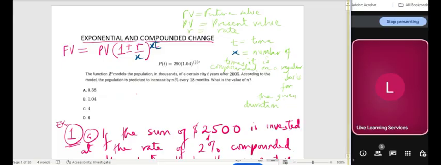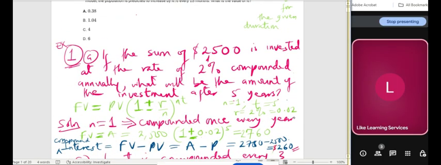So, for instance, you have this. If the sum of 2,500 is invested at the rate of 2% compounded annually, what will be the amount of the investment after 5 years? So it is compounded annually. In other words, how many times is it done in a year? How many times in a year?